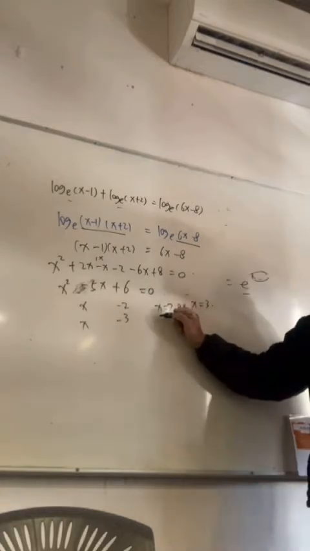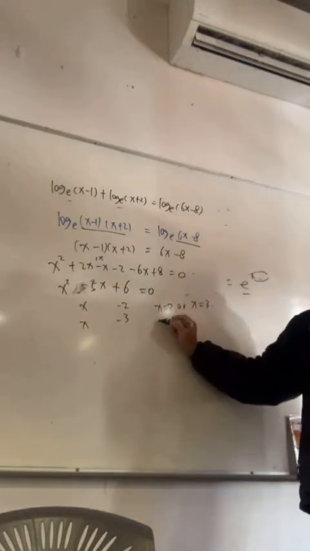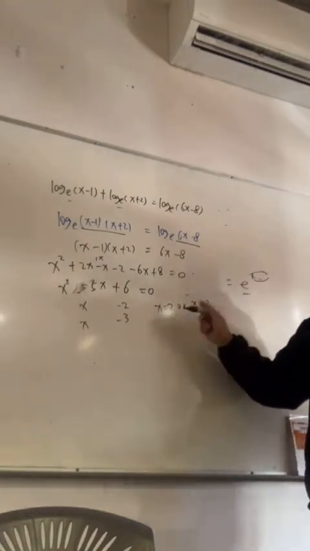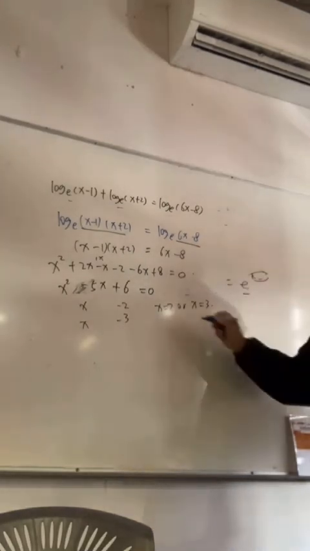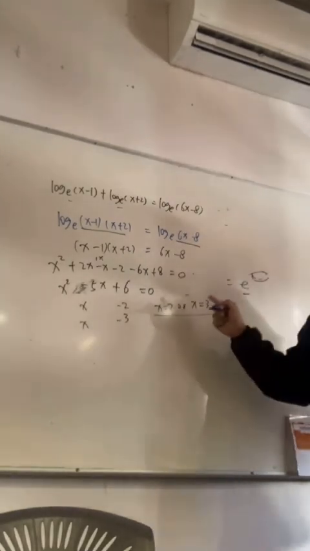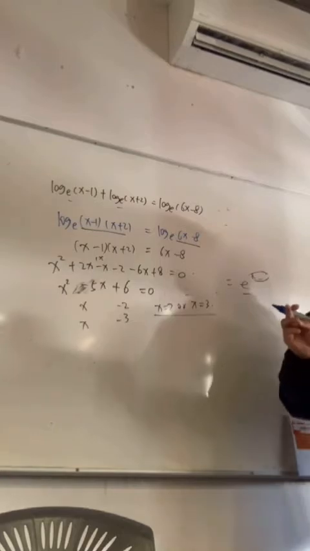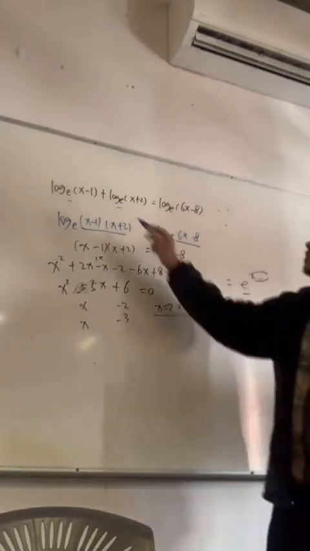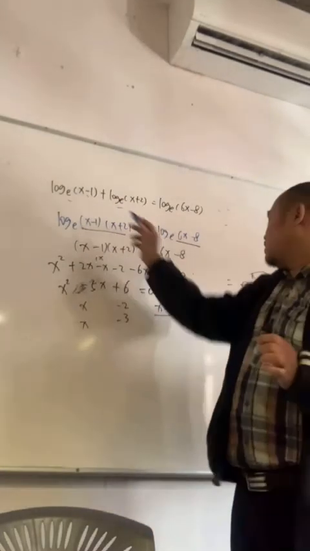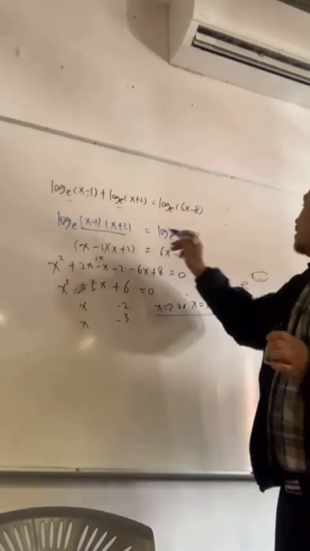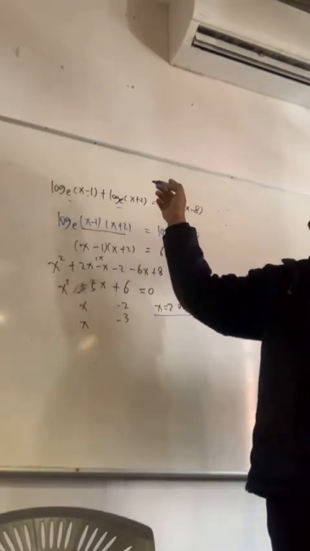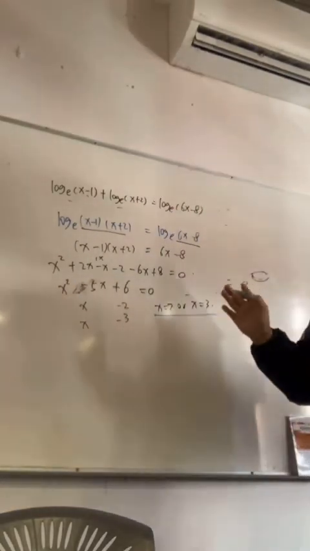All right, however, guys, even if you got it right, when you find the answer, it doesn't mean it's always right. You need to substitute 2 and 3 in here and see whether everything is bigger than 0. Otherwise, it can't be the answer.